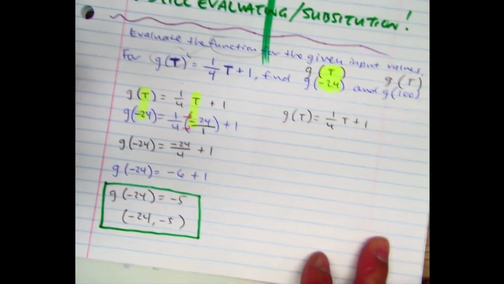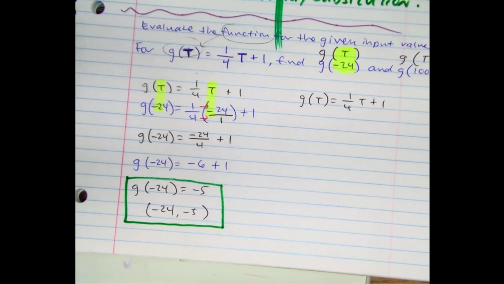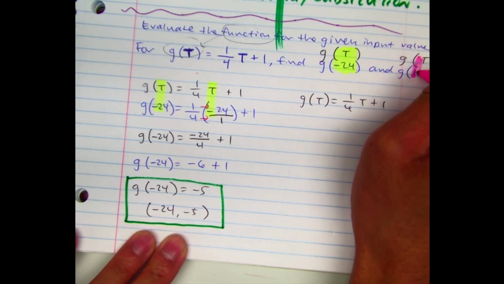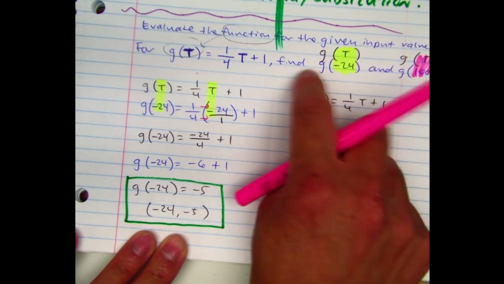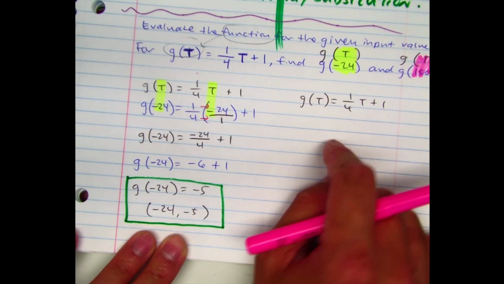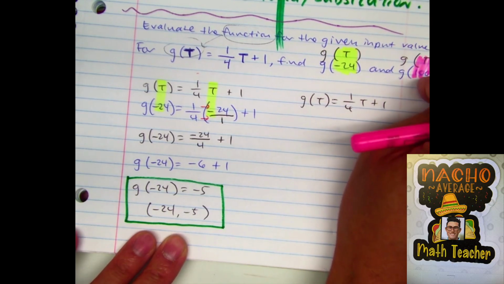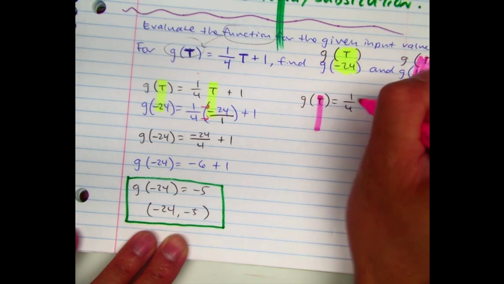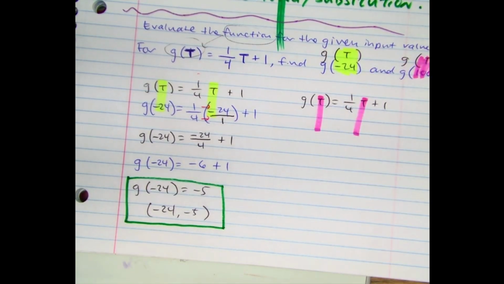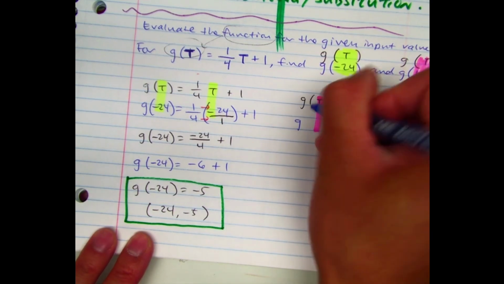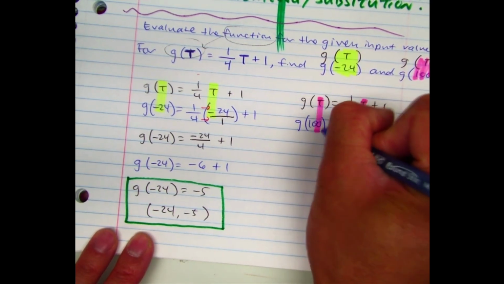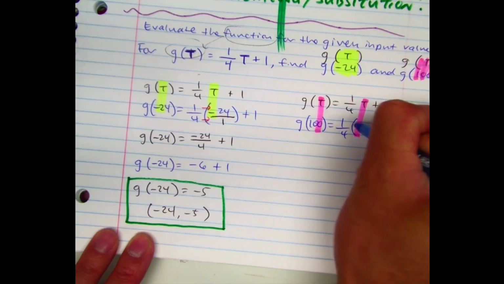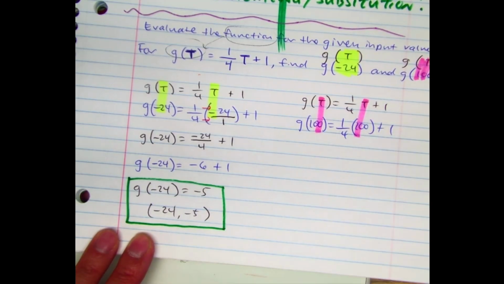Okay, let's go ahead and try that second example. What do we know about the second problem? Do you see what you have to do as your clue? Write it above. Everyone say above. That way you can see as a clue, t is going to be what value? 100. Let's do it. G of 100 equals 1/4 of 100 plus 1.